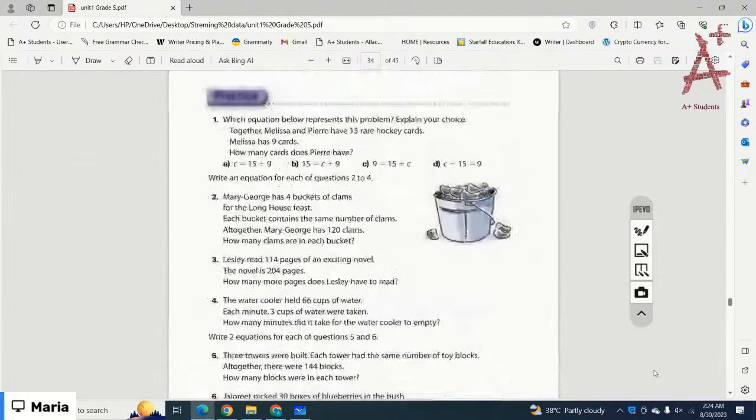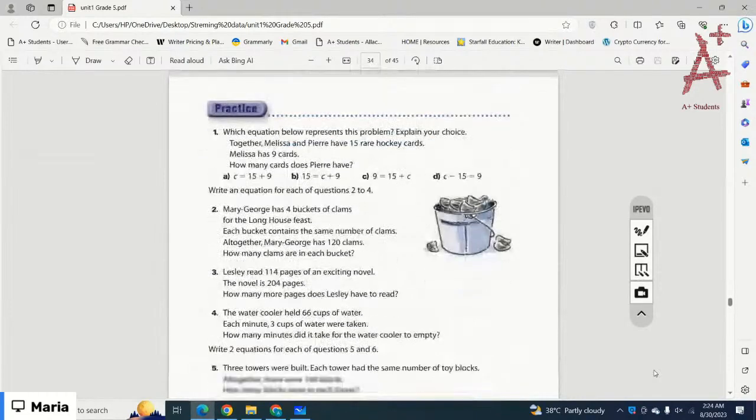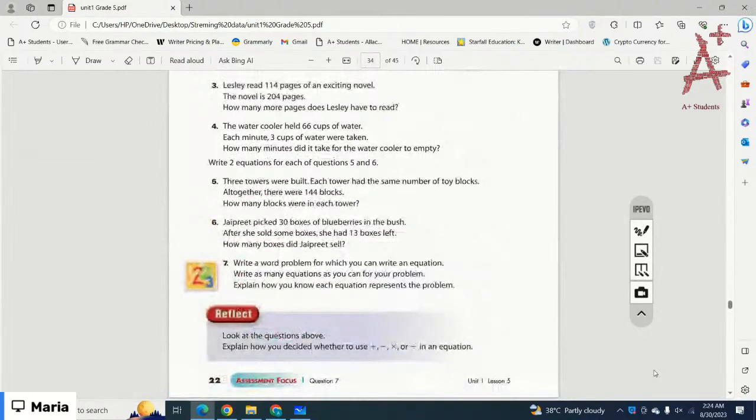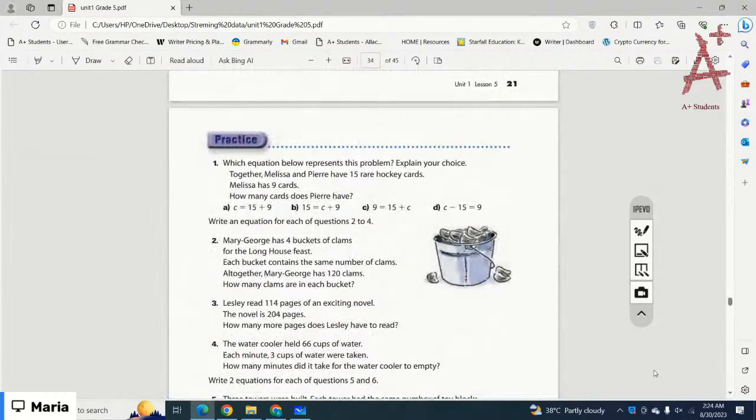Let's just look at the practice questions. Which equation below represents this problem? Explain your choice. Together, Melissa and Perry have 15 rare hockey cards. Melissa has 9 cards. How many cards does Perry have? You are given 4 options, and you have to see which option is the correct one. Together Melissa and Perry have 15 rare hockey cards.